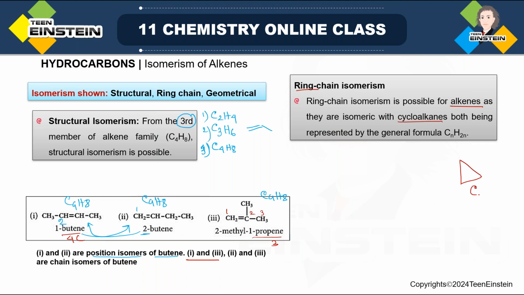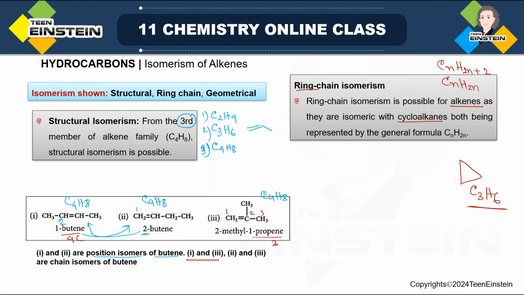So the formula is C3H6. Now remember, cycloalkane and alkene, these two have the same type of formula. Normal alkane, what we know, is CnH2n+2, right? But when it is cycloalkane, it is now CnH2n. Why?